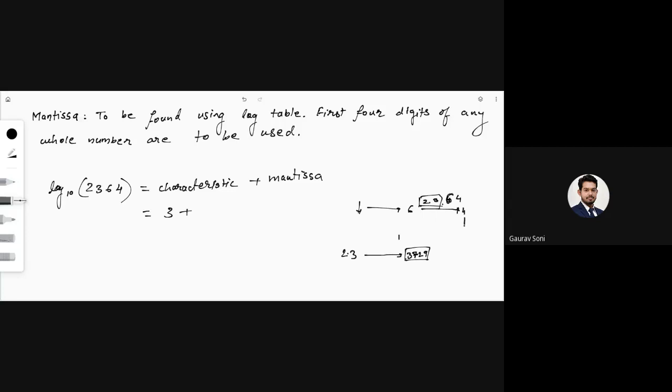What is the number you see corresponding to 4? 7. So add 7 to 3729: 3729 plus 7 is 3736.